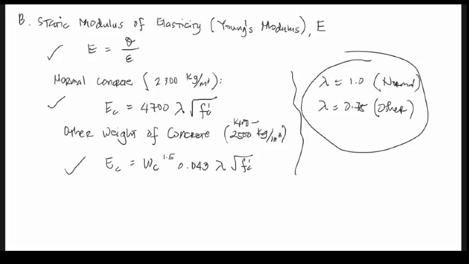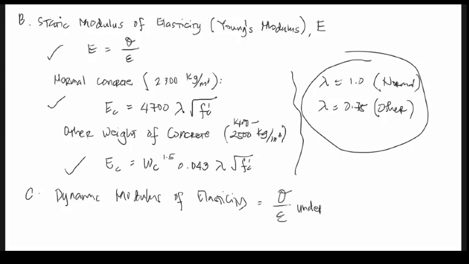So other mahalaga na properties, meron din tayong dynamic modulus of elasticity, wherein it is the ratio of stress strain pa rin, stress over the strain, but under vibratory condition.